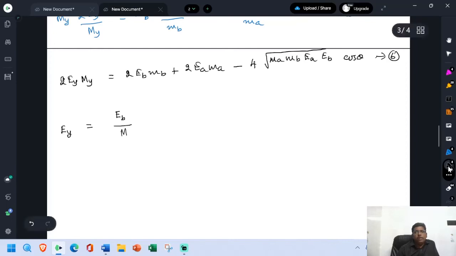Ey equals Eb Mb by My into Mb, plus Ea by My into Ma, then minus 2 divided by My into the root of Ma, Mb, Ea, Eb, cos theta. This is equation 7.